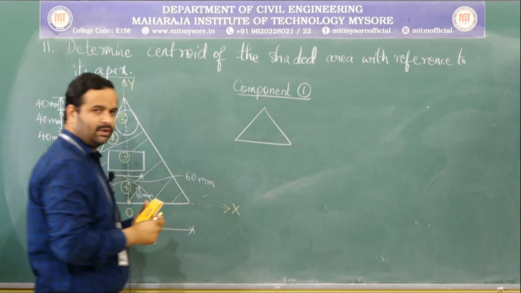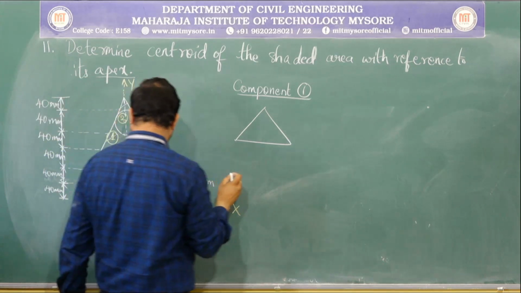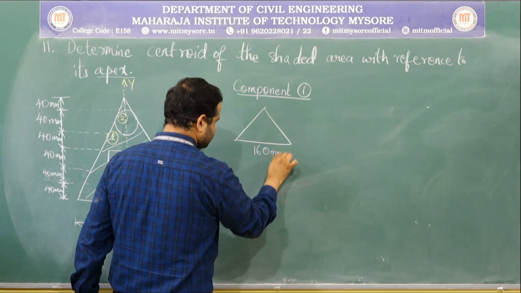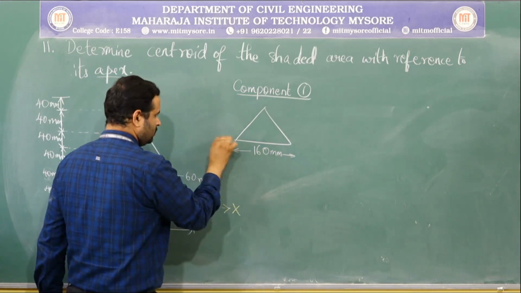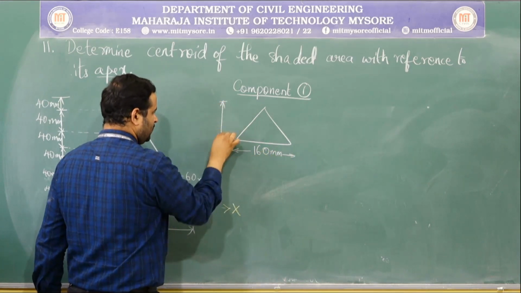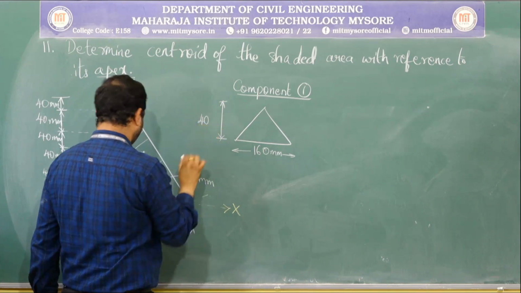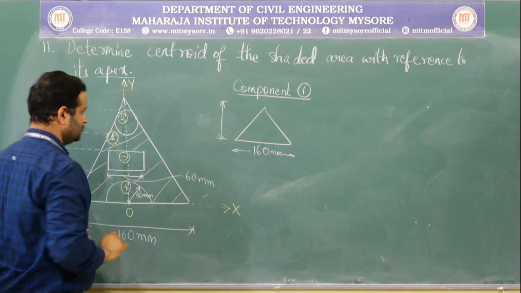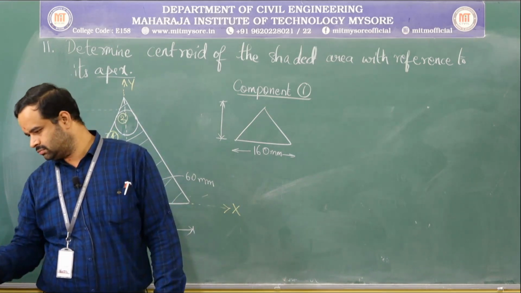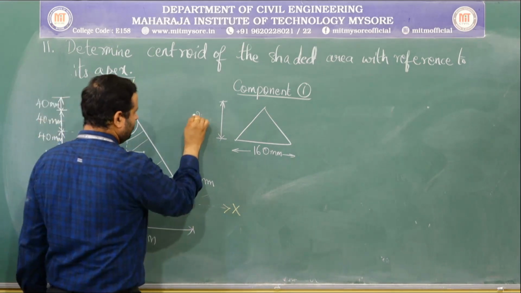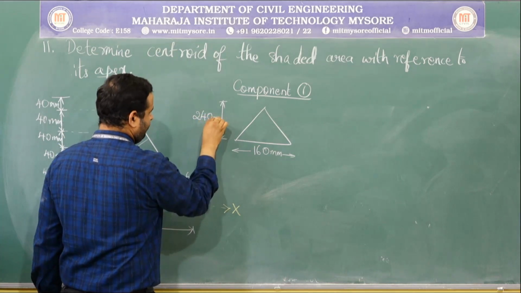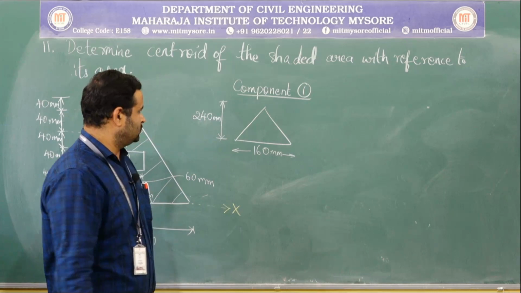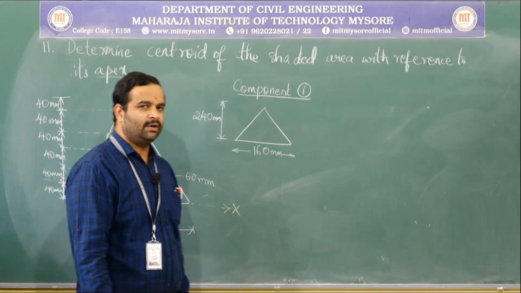So, this is component 1 and the dimensions of this triangle are 160 mm is the base and the height is 240 mm. Okay. So, this is component 1.